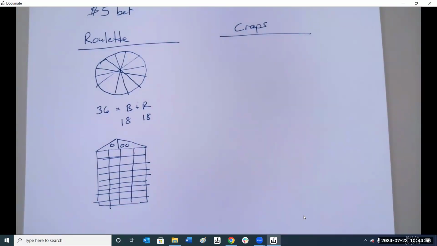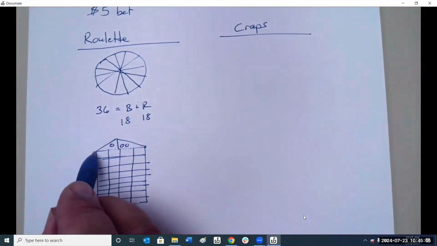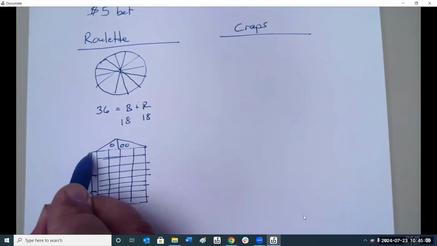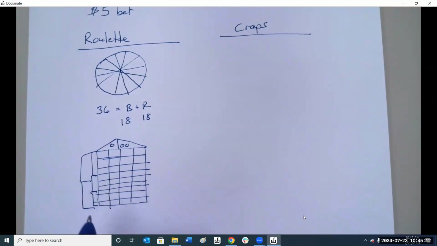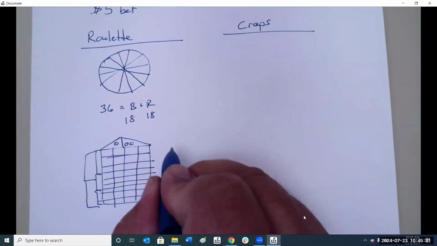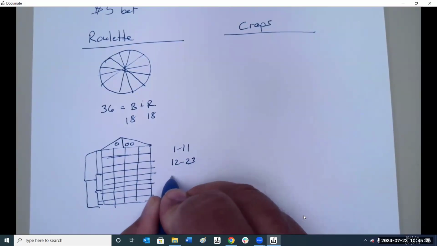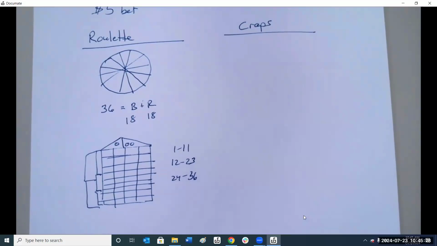It used to be that those zeros didn't exist. The casino didn't like that because over here, you can have one of two types of bets. You can go 1 through 18, 19 through 36. It separates them into three areas, 1 through 12, 13 through 24, and 25 through 36.